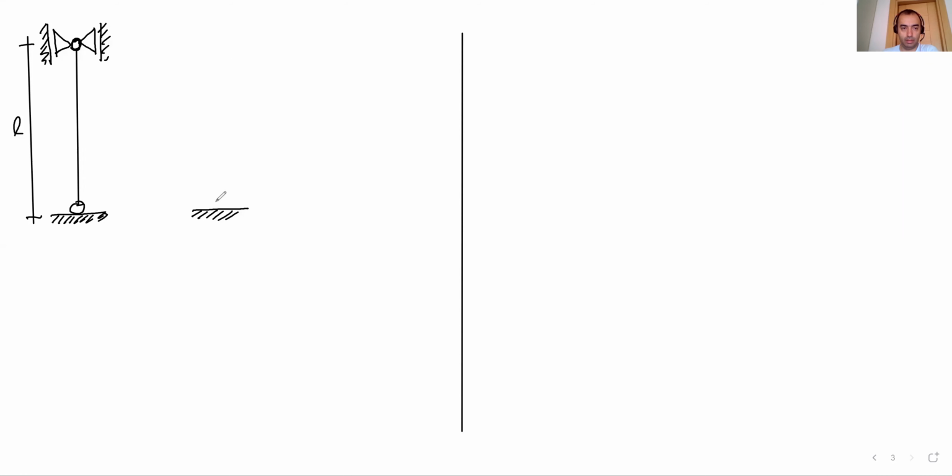In the second case, we are applying P here.